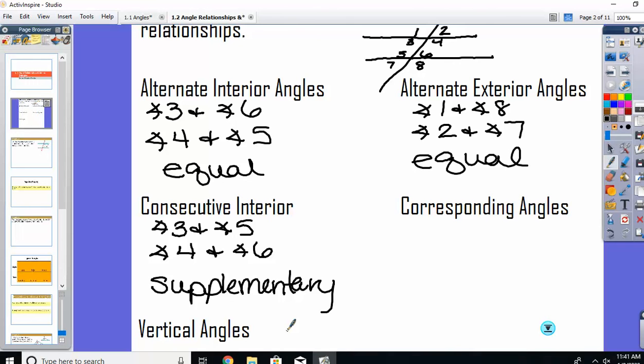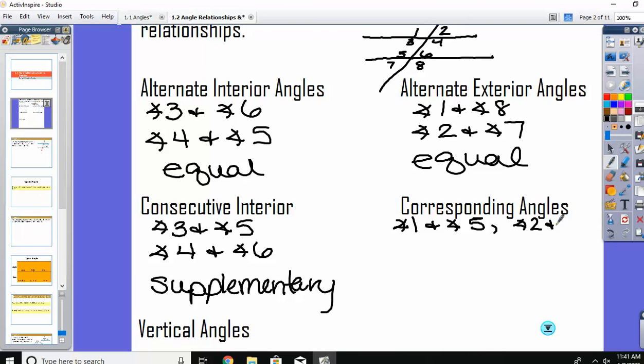Corresponding angles, what are those? Same position. Okay, so if we think angle 1, it's above its parallel line to the left of the transversal, so it corresponds with angle 5.